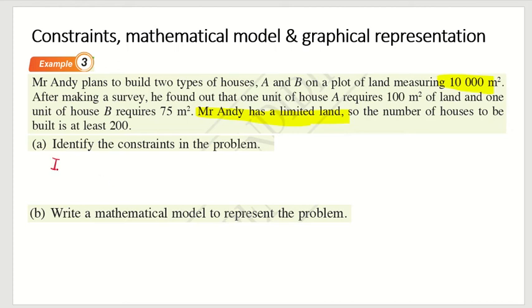Okay, so your first constraint is Mr. Andy has total area of land of 10,000 meters square. Okay, the first one.